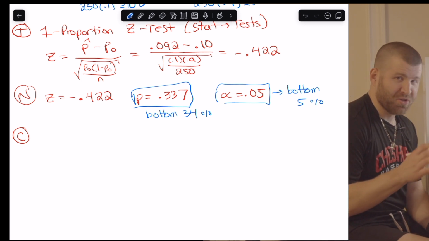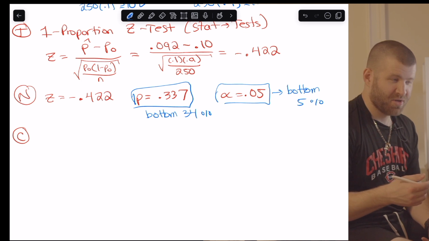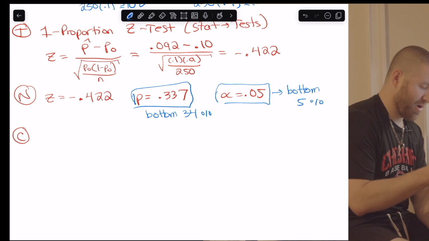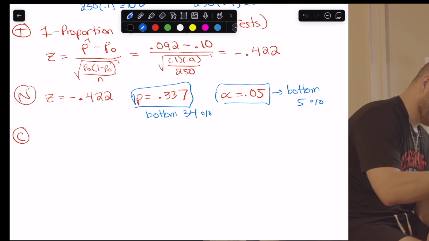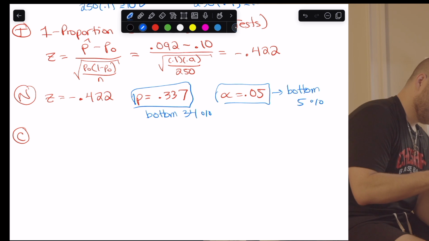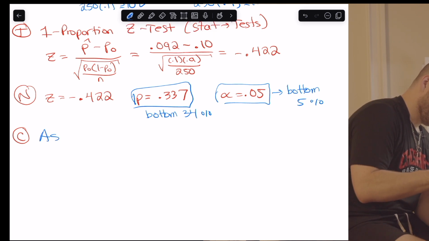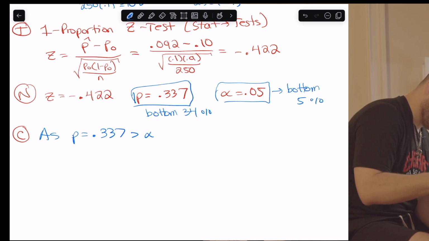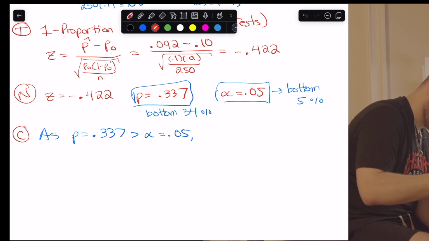So your conclusion is always going to look the same. It's just a matter of changing some wording around. The first thing we do is we make a statement about our p-value in connection to our alpha level. So as p equals 0.337 is greater than alpha equals 0.05, here's some incredibly important wording.